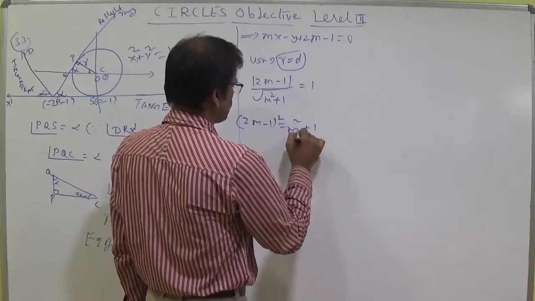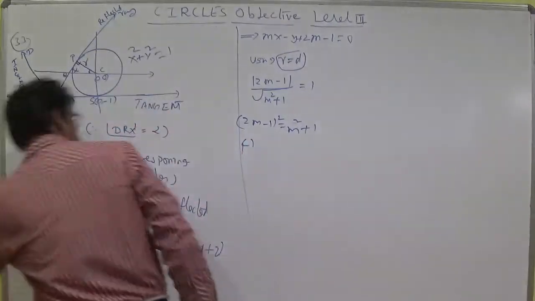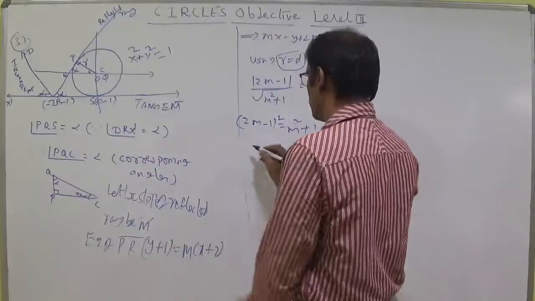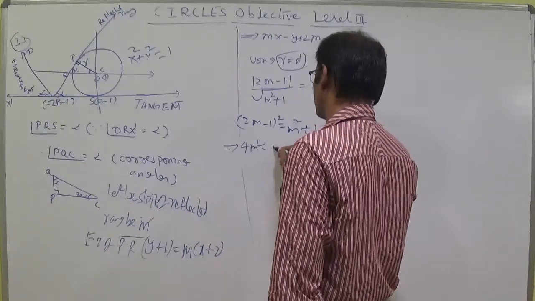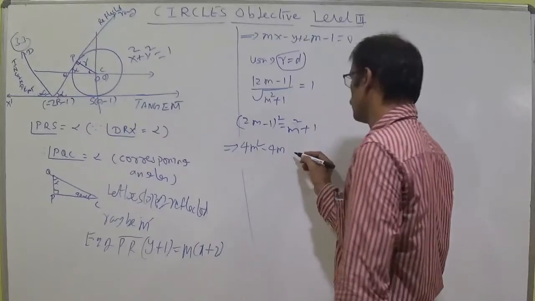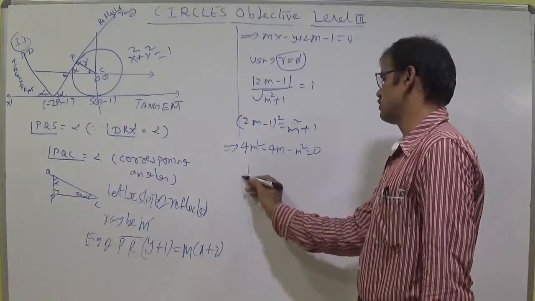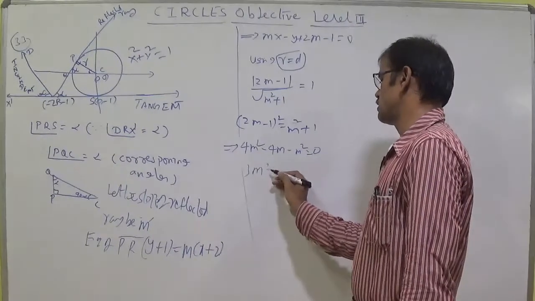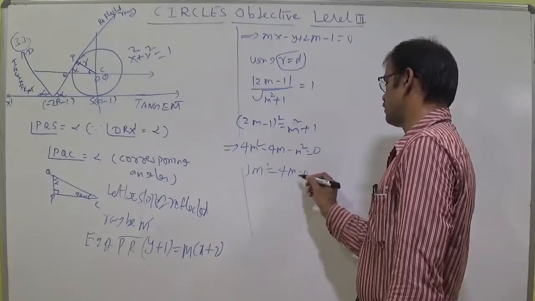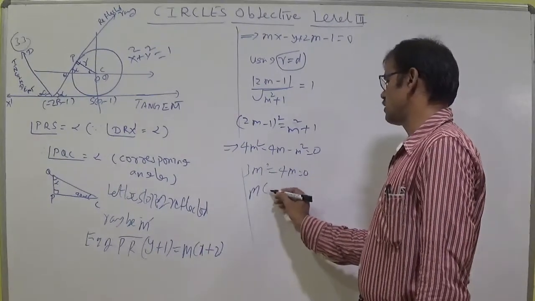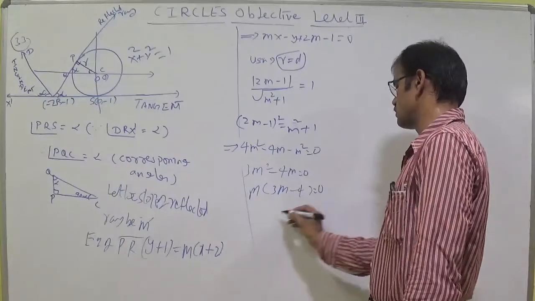That is 4m square minus 4m plus 1 equal to m square plus 1; the 1 gets cancelled, minus m square, equal to 0. We can write this as 3m square minus 4m equal to 0. Taking m common, it becomes m into 3m minus 4 equal to 0.